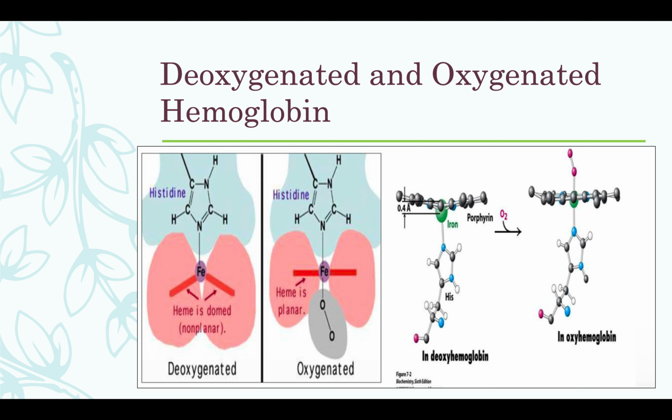Okay. However, when iron binds oxygen, meaning the hemoglobin is oxygenated, the porphyrin ring adopts a planar configuration because the iron is also linked with the proximal histidine. So binding of oxygen would result in the movement of the globin chains.